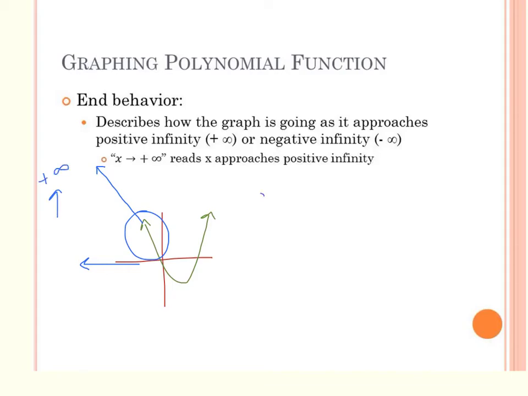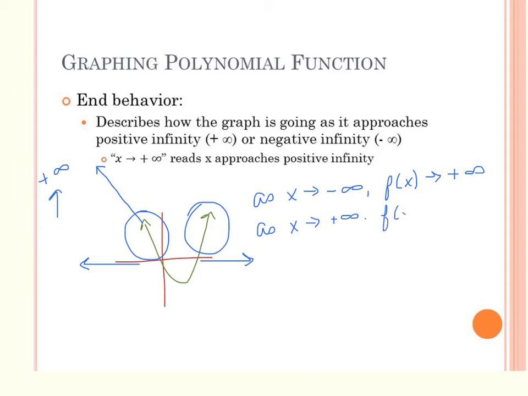So you would say as x goes to or approaches negative infinity, f of x, which is your graph, is approaching positive infinity. And then on the other side, as x goes to positive infinity, what's my graph doing? It's also going to positive infinity. So you're going to have two answers for these. And you always start out with as x does, then f of x, in this case, they both go to positive infinity.